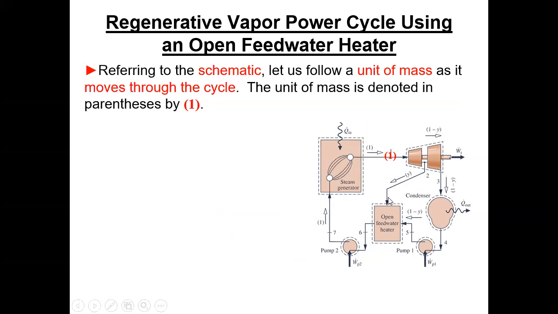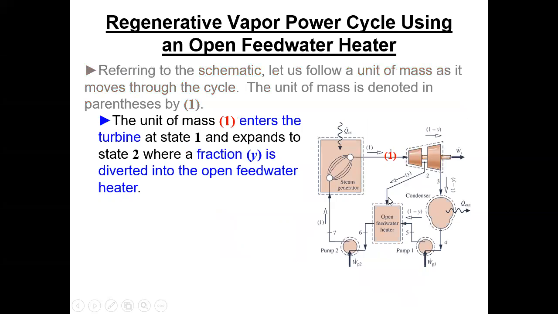Referring to the schematic, let us follow a unit mass as it moves through the cycle. The unit mass is denoted in parentheses by 1. Okay. The unit of mass 1 enters the turbine at state 1 and expands to 2, where a fraction, y, or 20%, whatever you want to assume, is diverted into the open feedwater heater.